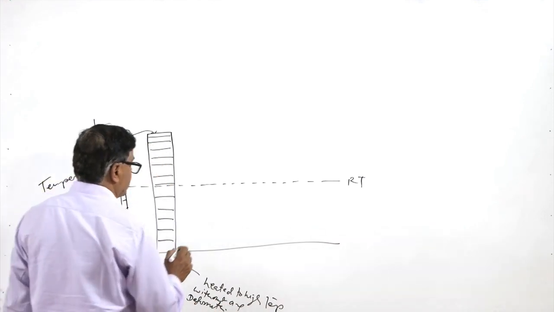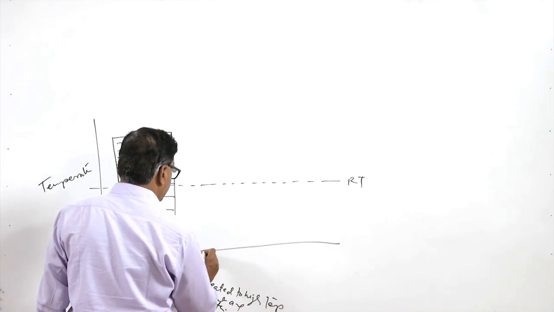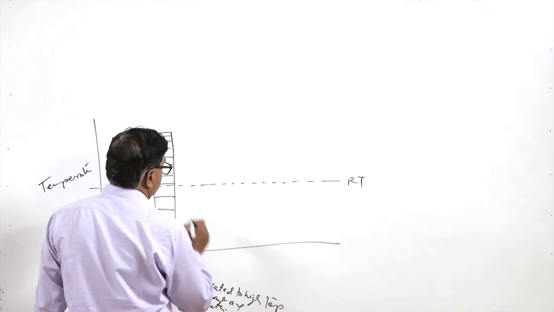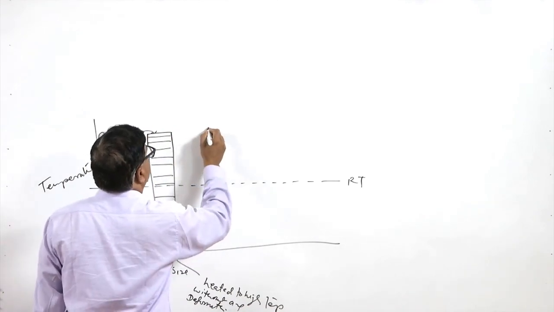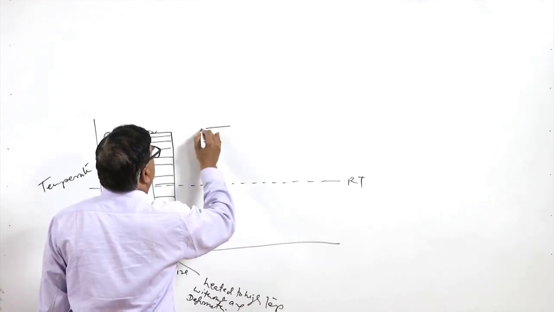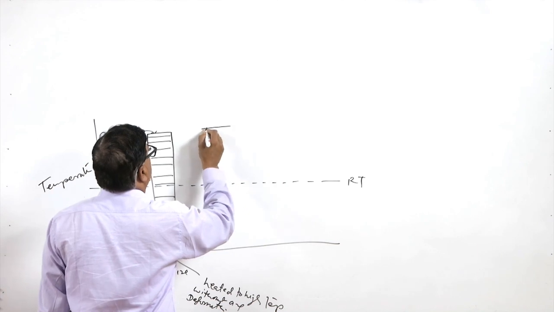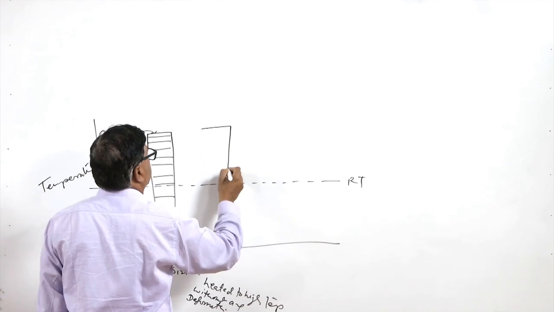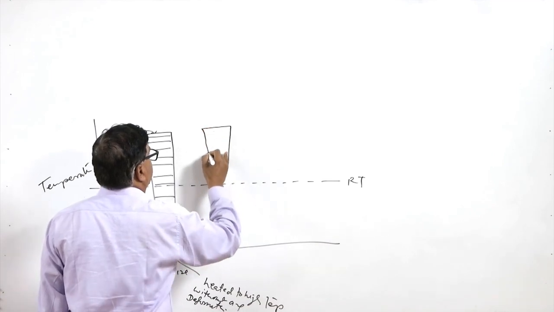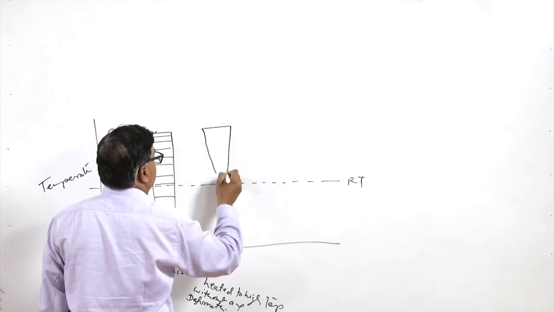The second case, when we heat it to the high temperature, it is coarse like this, then it is subjected to deformation. So, the grain structure is refined, but the deformation is stopped here.